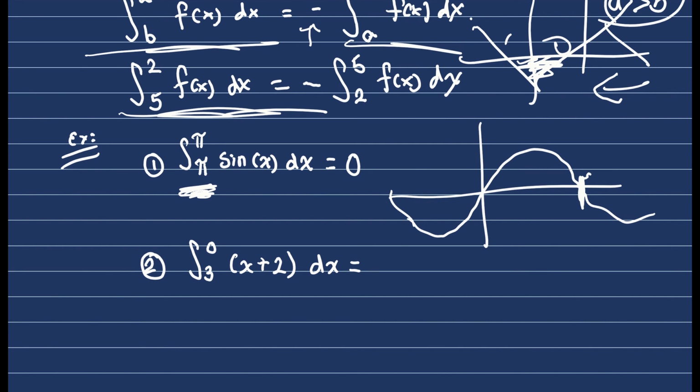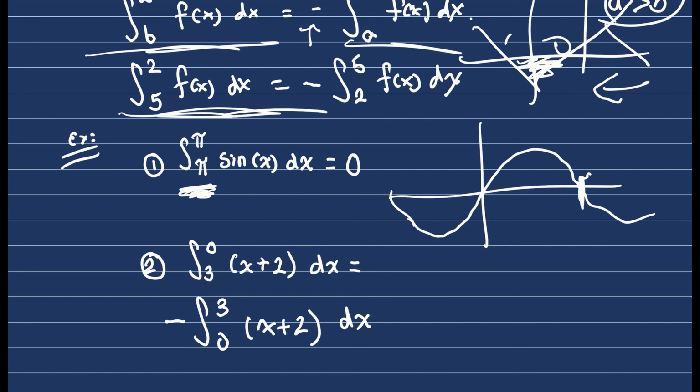And now this one is what I was referring to. What is the integral from 3 to 0 of x plus 2 dx? This one is saying, what is the area under the curve from x equals 3 backwards all the way to 0 under the same function? The function has not changed. Remember, this is the property from the top, that we can just rewrite it as the integral from 0 to 3 of x plus 2 dx, but we have to write a negative in front of it.